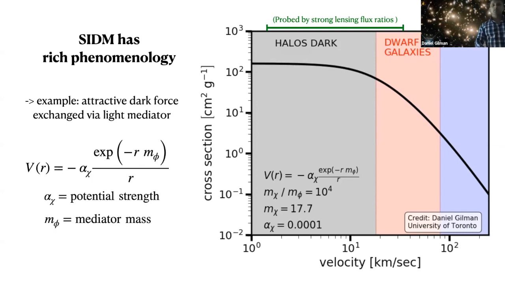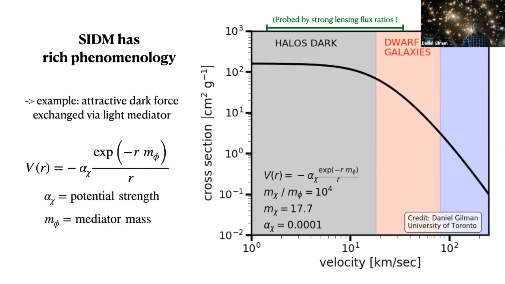All right, so this thing on the right is actually a movie, and I made this movie to illustrate the interesting phenomenology that can emerge from this particular class of dark matter models. What happens as I play the movie is that I'm going to ramp up the strength of the potential, and then scale the mass of the dark matter particles so that the amplitude is fixed at high speeds.